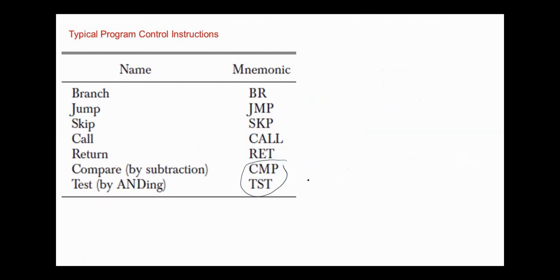Next, the compare and test instructions do not change the program sequence directly. The compare instruction, for example, compare A, B, performs the subtraction A minus B, and the result is not stored anywhere, and the values of A and B are not changed. But the flags like the carry, sign flag, Z flag, or V flag are affected.